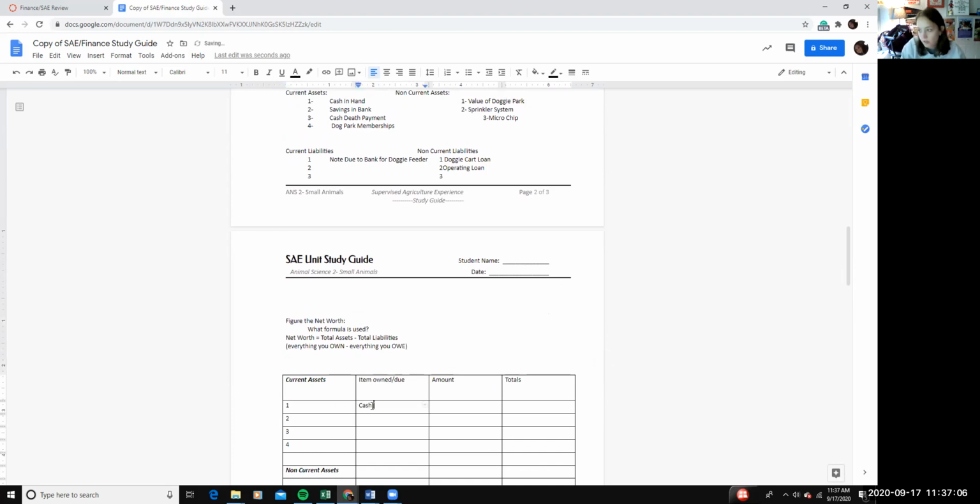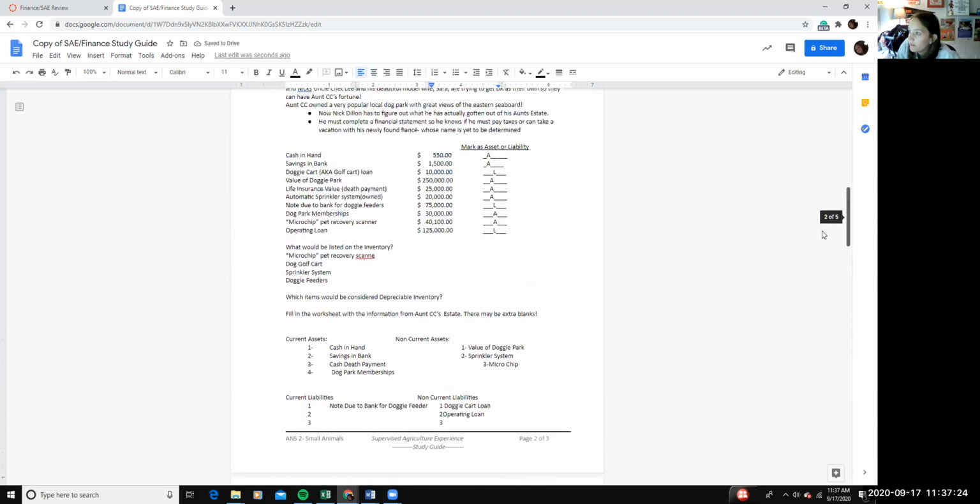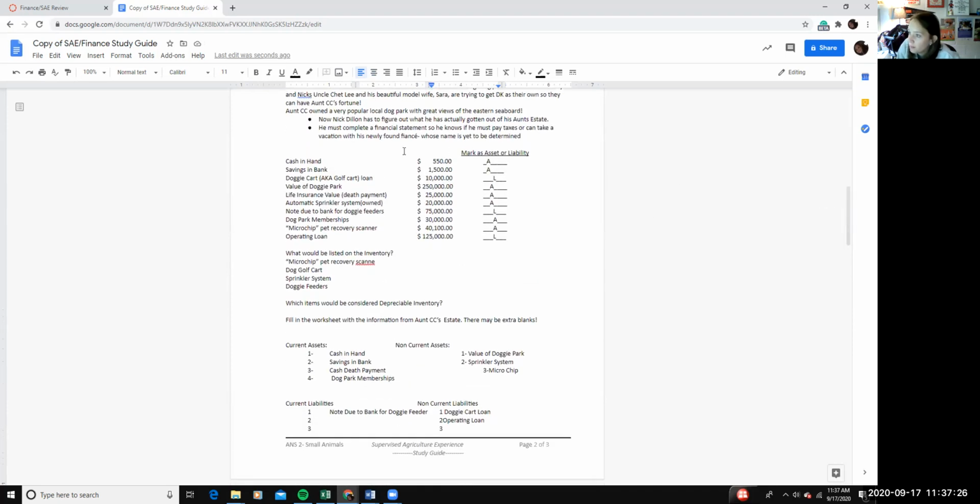So cash on hand, savings in bank, cash death payment, and dog park membership. All right, then we go back up here and figure out all of their prices.